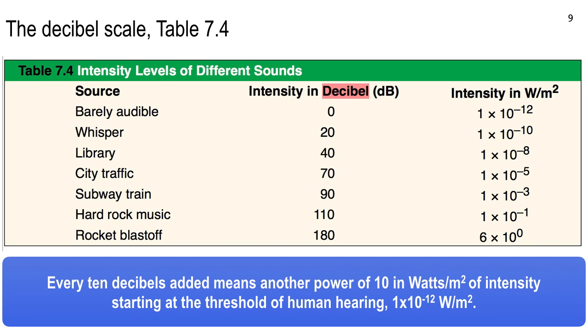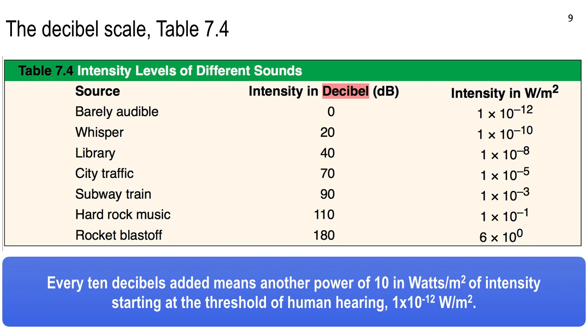Every 10 decibels that you add to the decibel rating is another power of 10. So you've gone up by 20 between the threshold of human hearing, barely audible, 0 decibels, up to 20 decibels, whisper. That's another 10 to the 2. So 10 to the minus 12 times 10 to the 2 is 10 to the minus 10. And it just keeps going up like that.